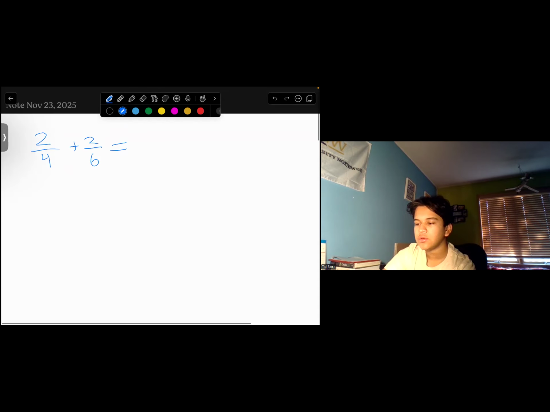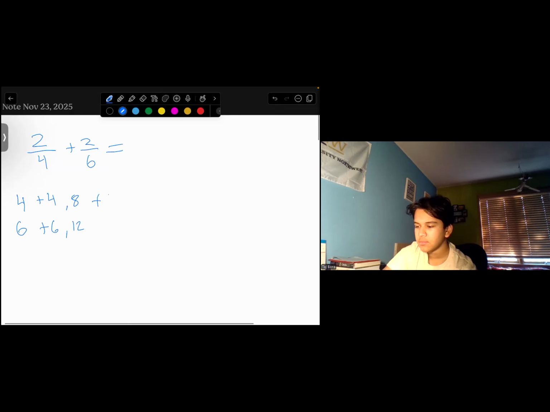So what we want to do is see which number 4 and 6 can both be divided by. So we can start with 4, we can start with 6, then we add 4, and this would become 8. We add 6, and this would become 12. And say we add 4 again, and we see that the least common multiple of 4 and 6 is 12.